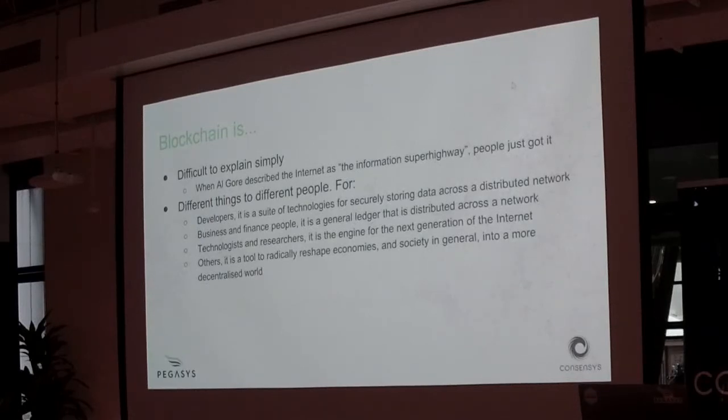Technologists and researchers see it as the engine, if you like, of the next generation of the internet. And let's face it, some of the more radically or idealistically inclined see it as a way of reshaping economies and reshaping our society to a more decentralized future. So depending on what sort of person you are, you'll see blockchain for different things.